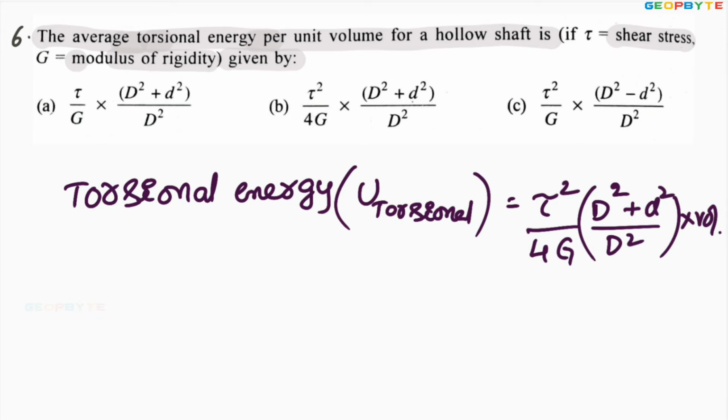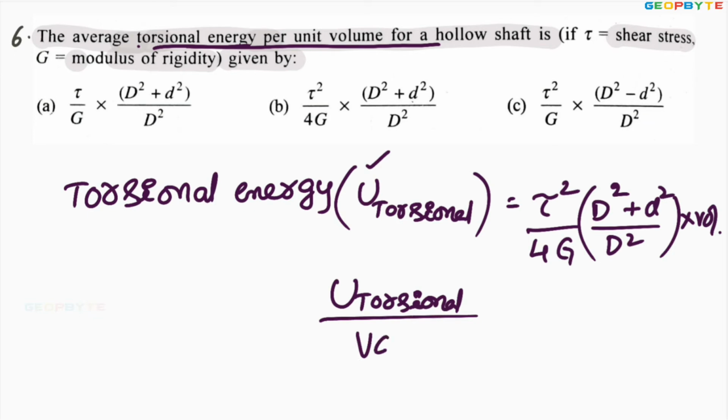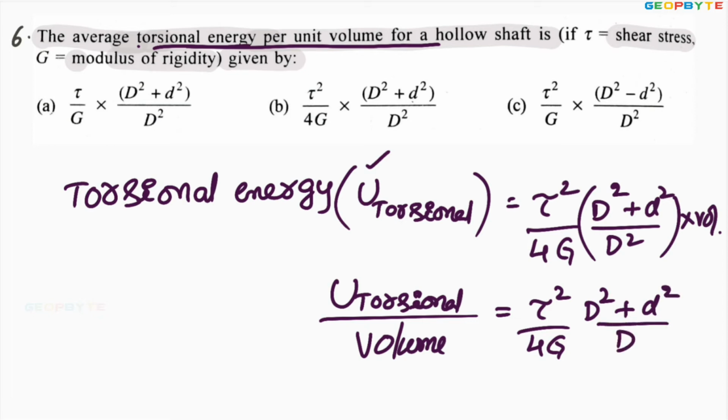Here energy is denoted by capital U. But he is asking torsional energy per unit volume. Therefore, torsional energy per unit volume is equal to tau square by 4G into capital D square plus small d square divided by capital D square.